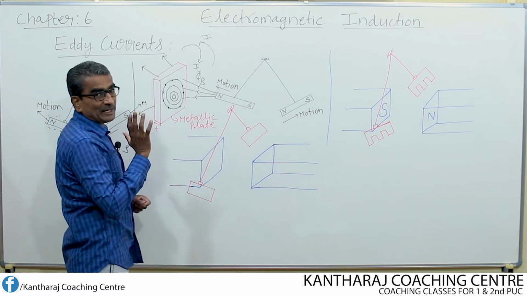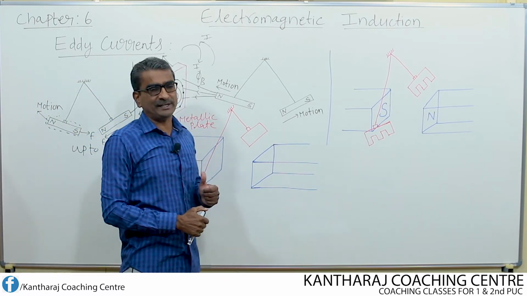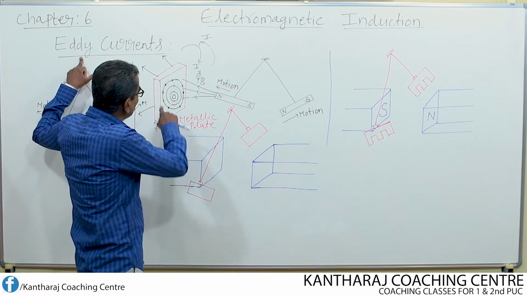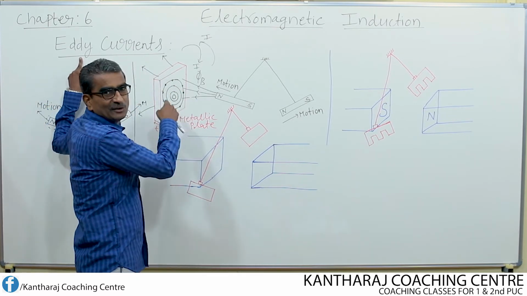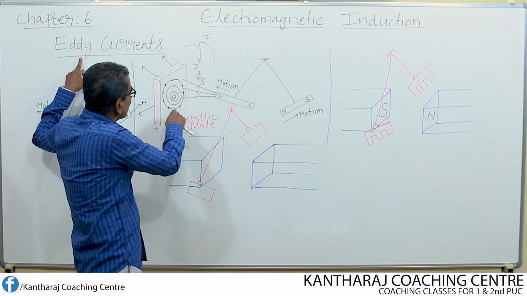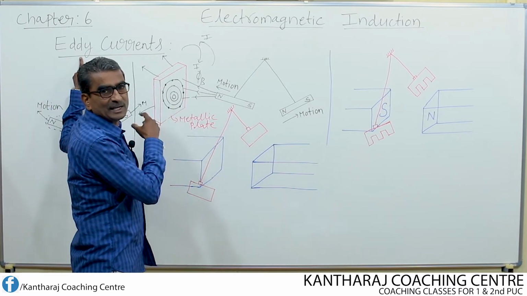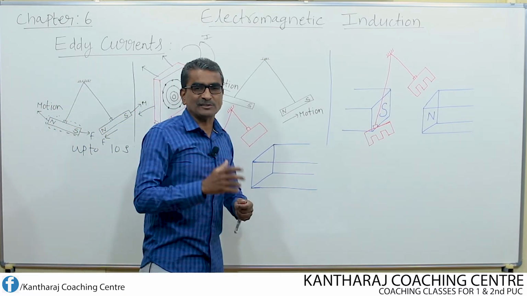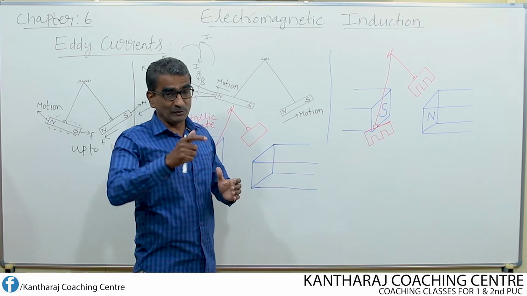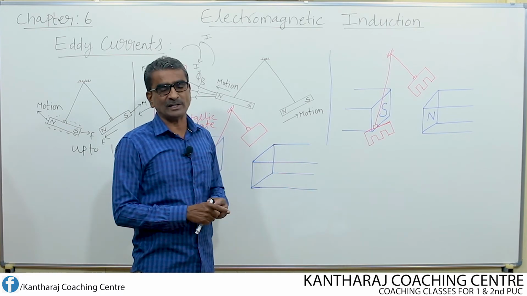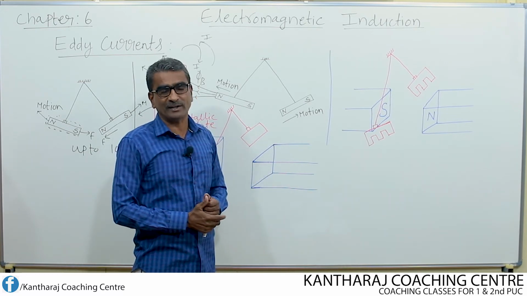Then why is the name eddy given? What is the meaning of eddy? Eddy means nothing but whirling or circulating in the form of a circle. That is the meaning of eddy. You have seen whirlpools on the surface of water in a flowing river.